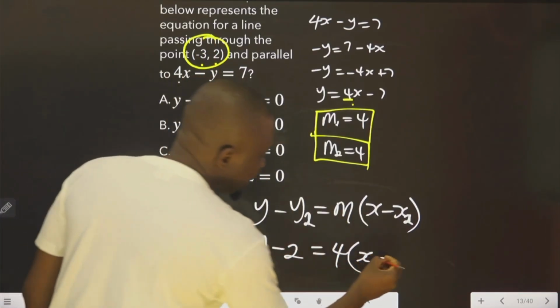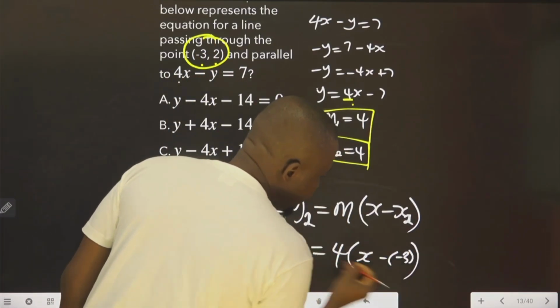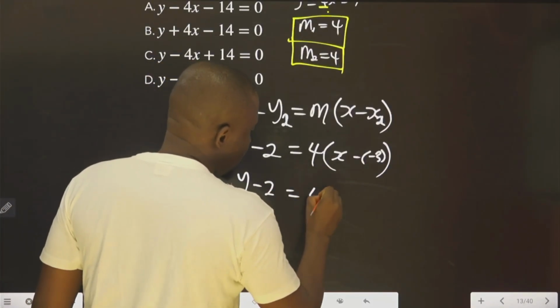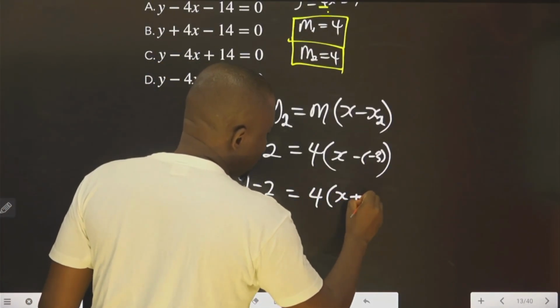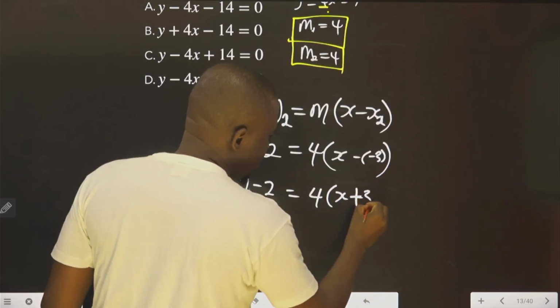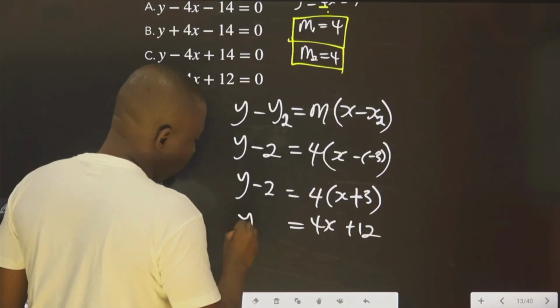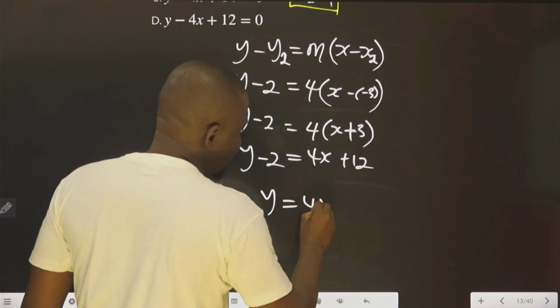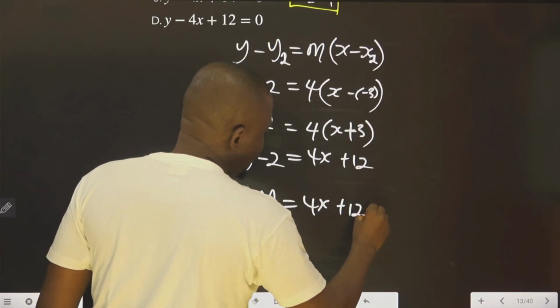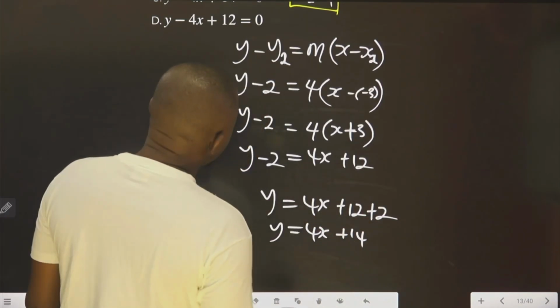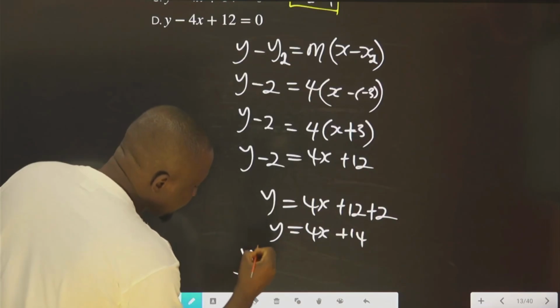The x is minus 3. Okay? That is to say, x plus 3, 4x plus 12, y equals to 4x plus 12 plus 2, 4x plus 14.